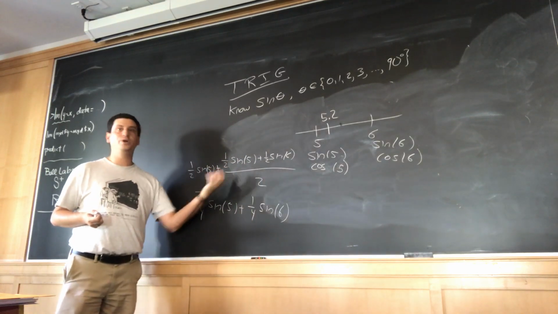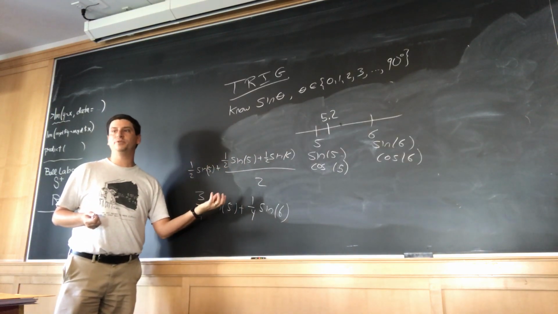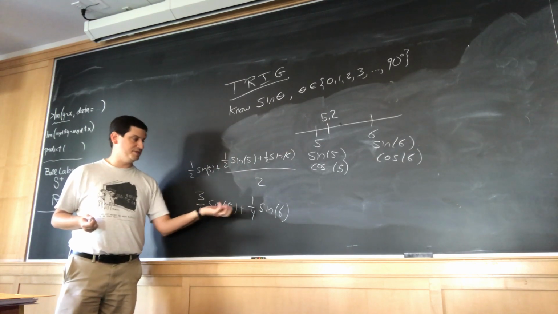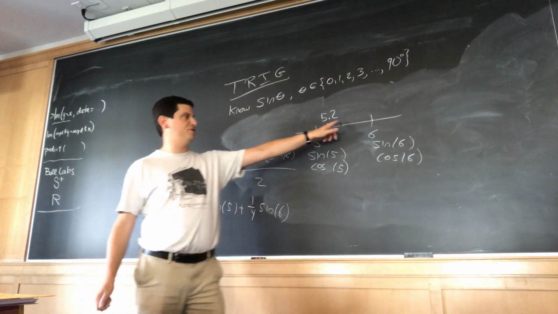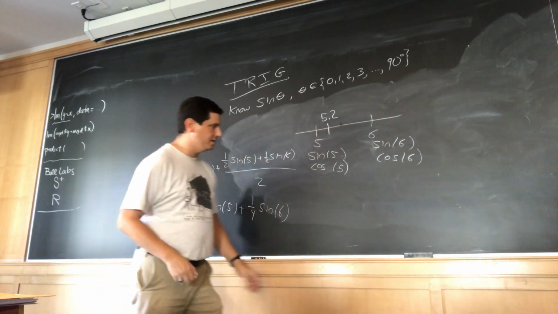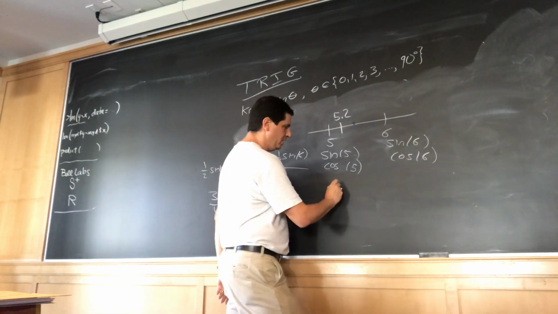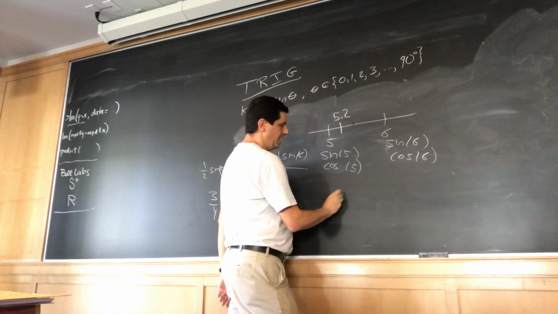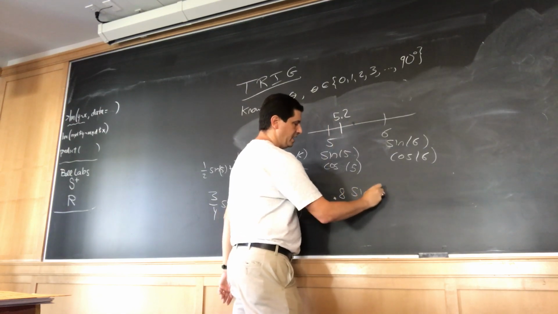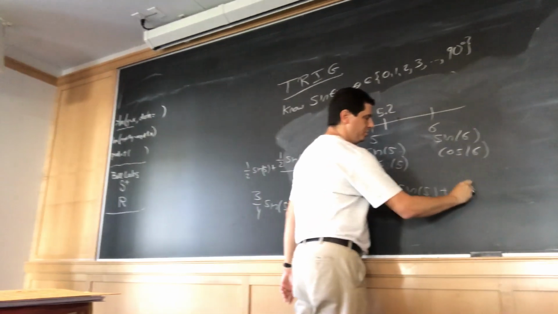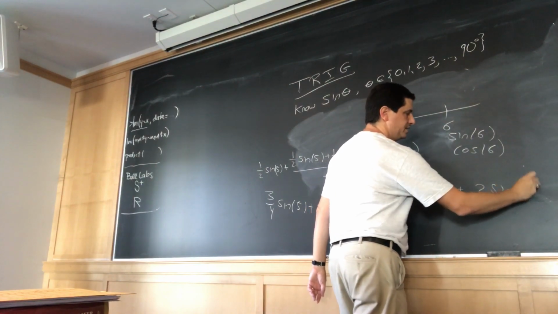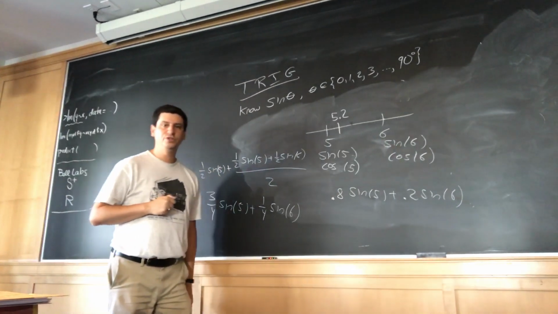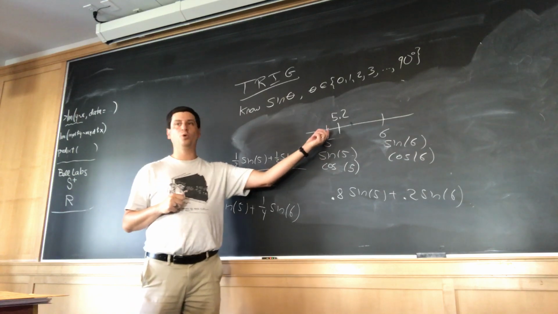This is essentially doing the powers of 2 that we were talking about before. We could calculate these numbers exactly if we wanted a precise measurement. But what you're saying is, why not just do 0.8 sine of 5 plus 0.2 sine of 6. And if we do that, we're going to weight this one more heavily.